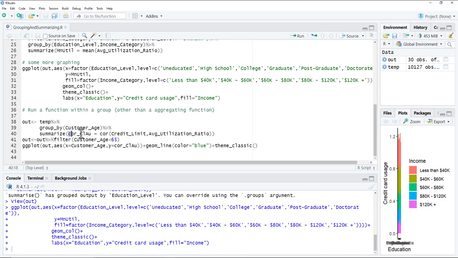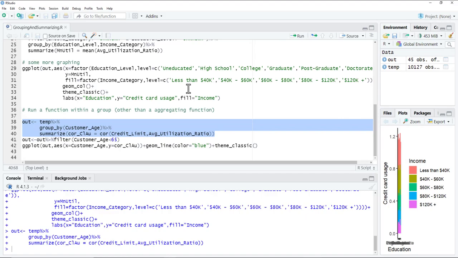I'm going to call this correlation, core_CLAU. And then what I can do is the same thing as we did up here in the summarize function, create a new table with a function of 2 columns. So we can do the same thing.